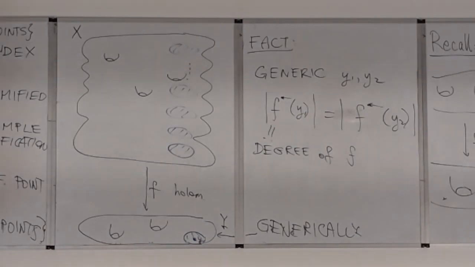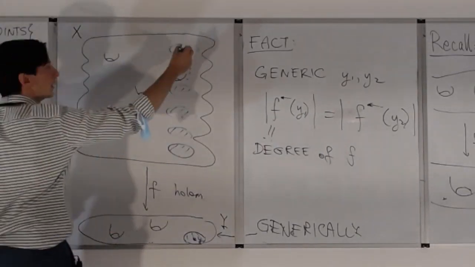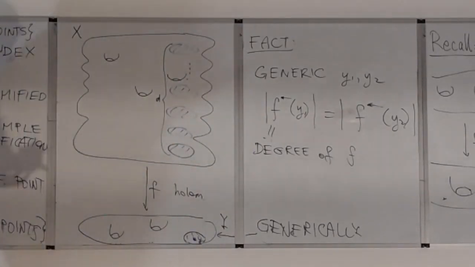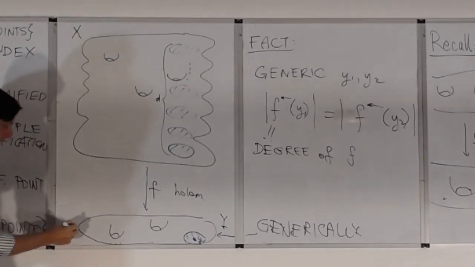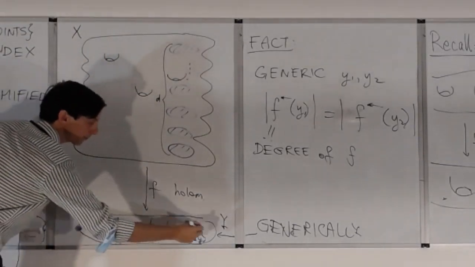I take a point, I take a neighborhood and I lift it, and let's call this degree d. But then I have finitely many special points all around, say one is here, one is here, one is here, and I fix them.